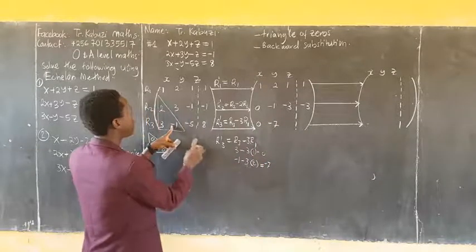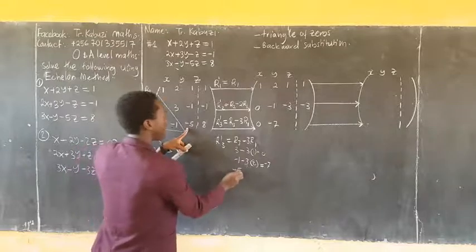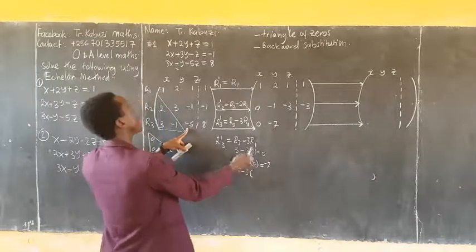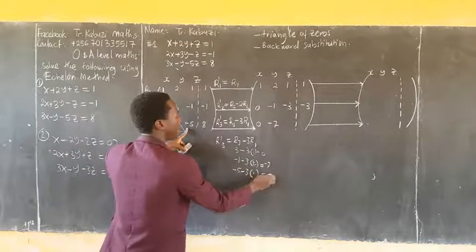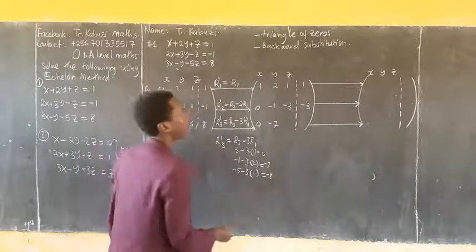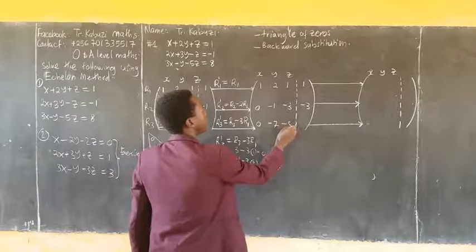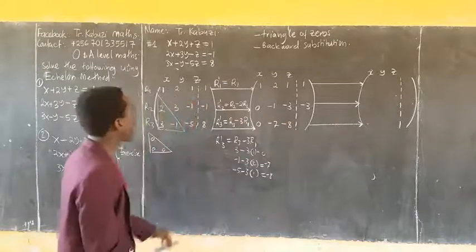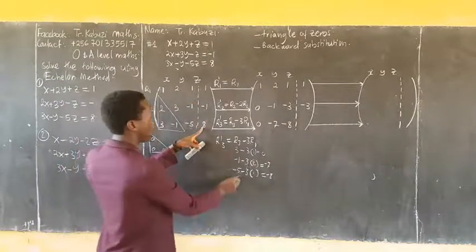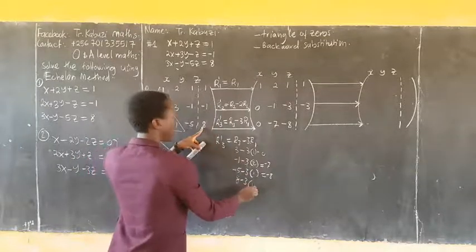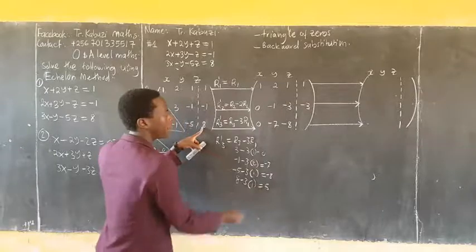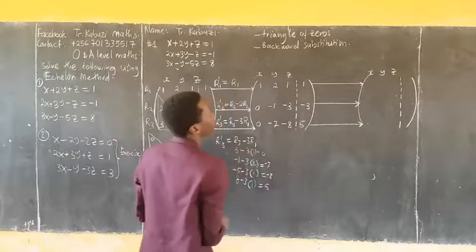Then I have negative 5 minus 3 times the corresponding, which is 1, and this will give me a negative 8. Then when I come to this, I have 8 minus 3 into the corresponding, which is 1, and I get a 5.